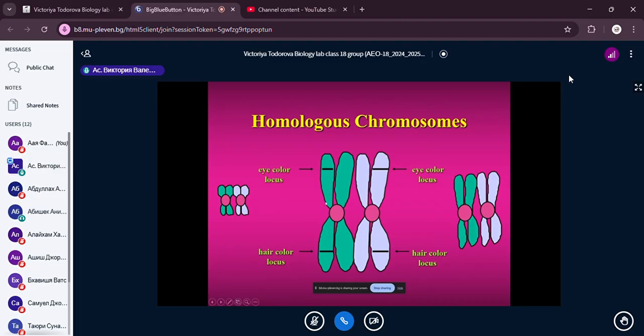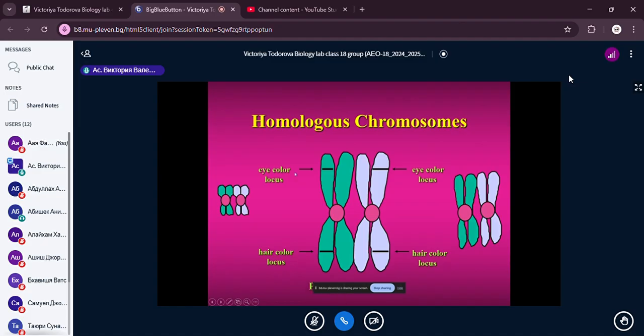In these chromatids, there are genes, a lot of genes, and they express. These genes appear in two alleles. So one is from the maternal and one from the paternal. And yeah, here the example is with the eye color locus and the hair color locus.